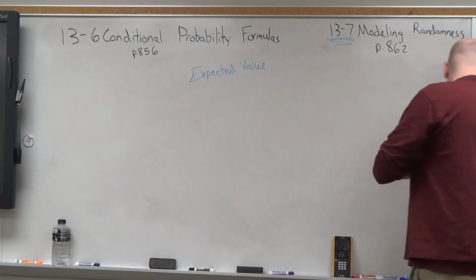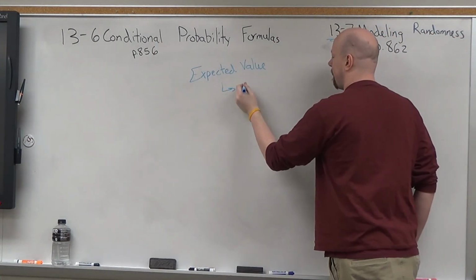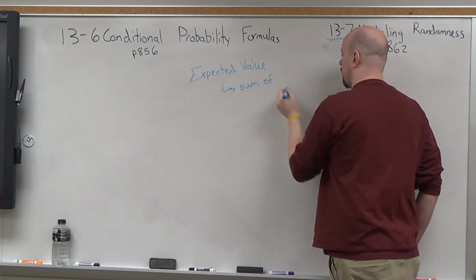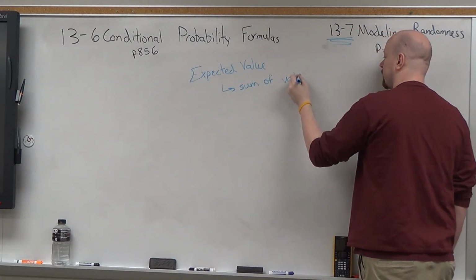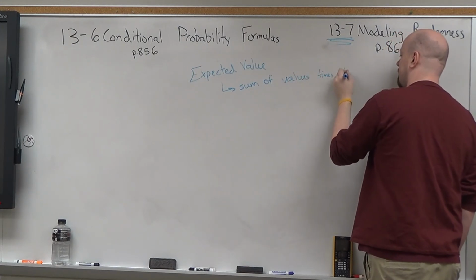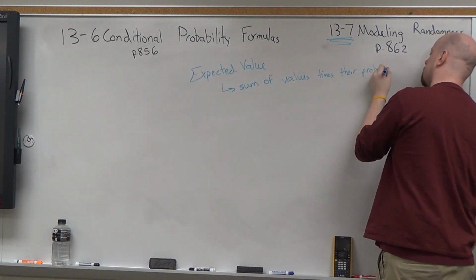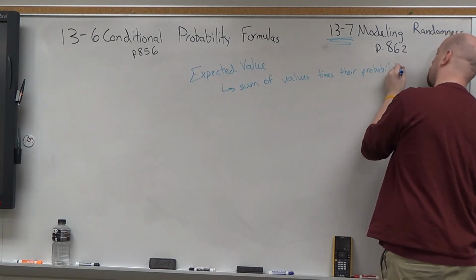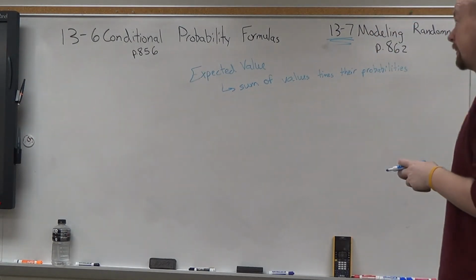Okay. Expected value is the sum of all our values times their probabilities. So the value, sum of values times their probability.